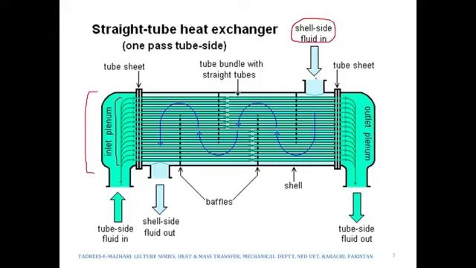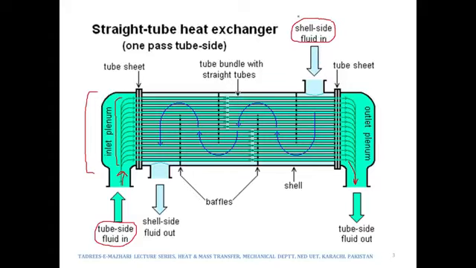So this is the place where the shell side fluid comes in, and this would be the inlet of the tube side fluid in. So this fluid will enter the tubes in this particular direction, and then it will come out in this direction.